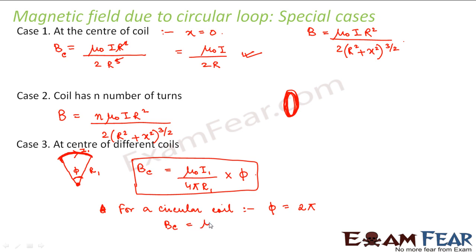So BC will be equal to mu naught I1 by 4 pi R1 into 2 pi. So this 2 pi will get cancelled with this. So you get mu naught I1 divided by 2 R1, which is same as this, right? So this is how we basically calculate in case of semicircular or partially circular coils, right?